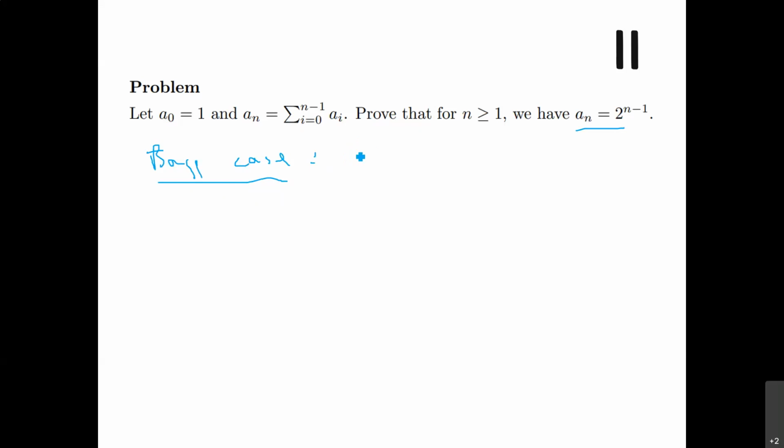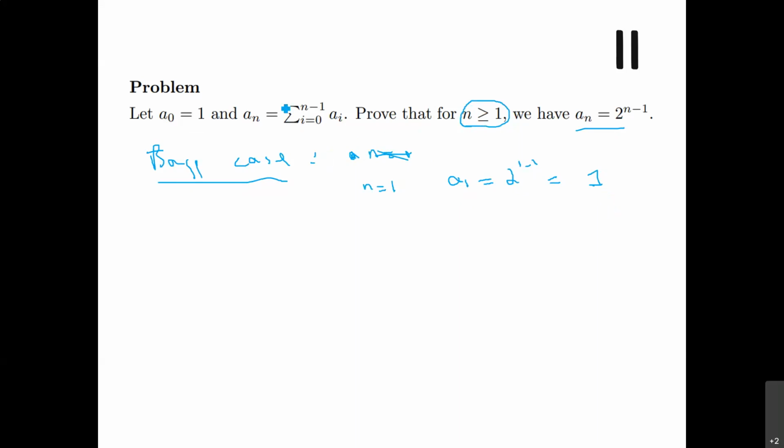So base case, a for n equals 0, or no, it has to be n is 1. Well, a of 1, what does it equal? 2 power 1 minus 1. So that's 1 over the side.